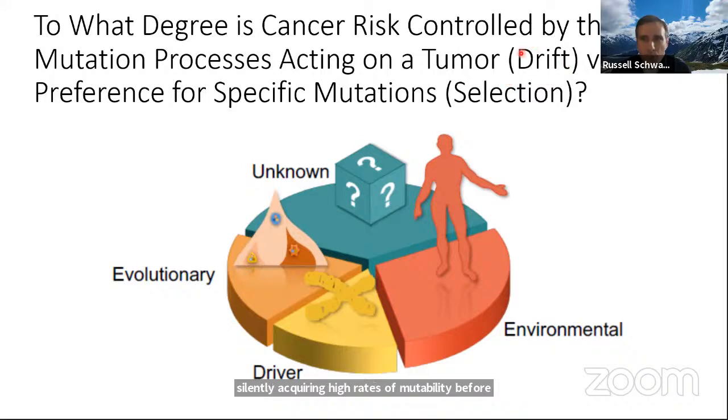So if drift is important, it's suggesting that there's actionable information very early in tumor evolution, even before there is a cancer present. And we'd argue that that's something that we would want to know about. I'd argue this is also an important question for basic research into, well, not just cancers, but into evolution.